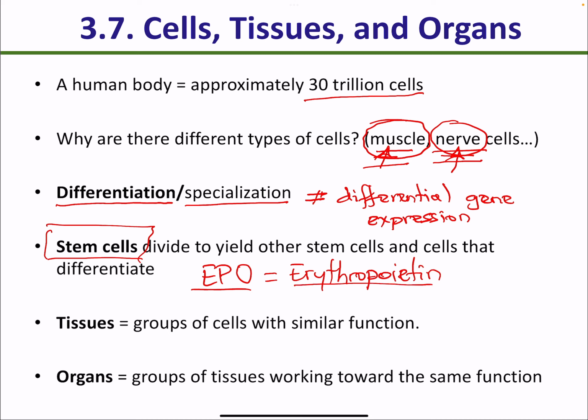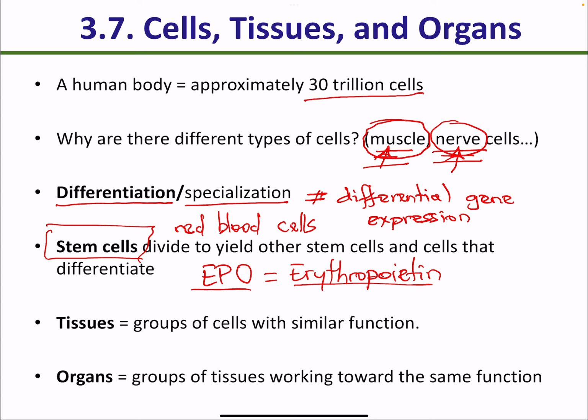Erythropoietin is a hormone that is released by the kidney. When erythropoietin is released, that hormone travels in the blood, goes to the red bone marrow at the extremity of long bones, and causes stem cells in the red bone marrow to turn into red blood cells. Okay, so that is EPO. It's a signal for the differentiation of stem cells in the red bone marrow to become red blood cells.